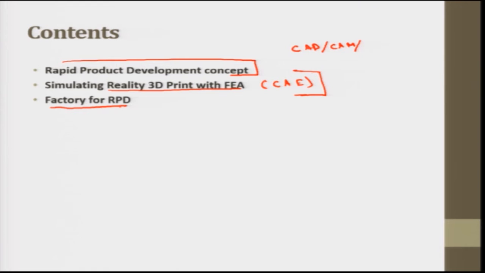Then I will discuss the factory for rapid product development. In this lecture, I will just introduce what is an additive manufacturing factory or a rapid manufacturing factory, but we will also see plant simulation. Like we can simulate for the product the various stresses, various parameters of the product, which are taken into account and simulated before actually manufacturing the product.